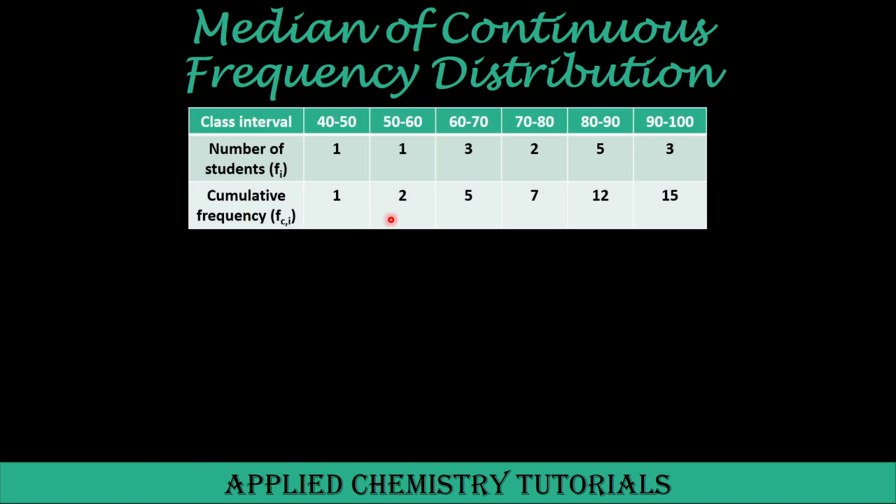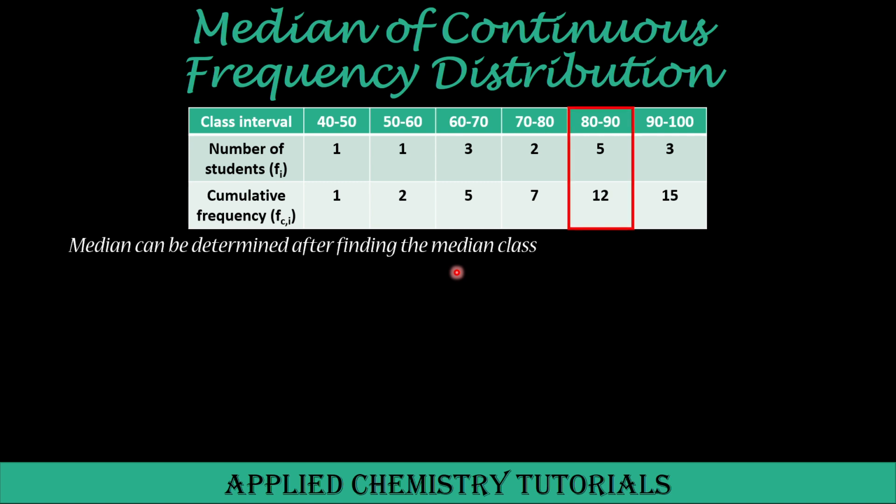This is the table that we obtained from the given problem. We have already discussed that the median can be obtained after finding the median class, which we have already figured out. So 80 to 90 is the median class here.